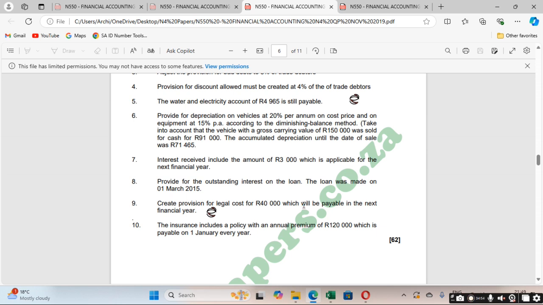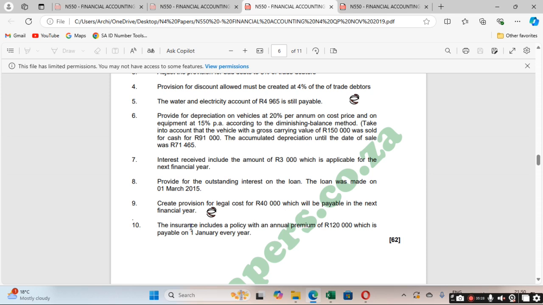Since it's a provision, under your other expenses, you're going to say provision for legal costs, and the total amount is 40,000, which will be payable in the next financial period. So that's how you do that. This is where you're going to record that.